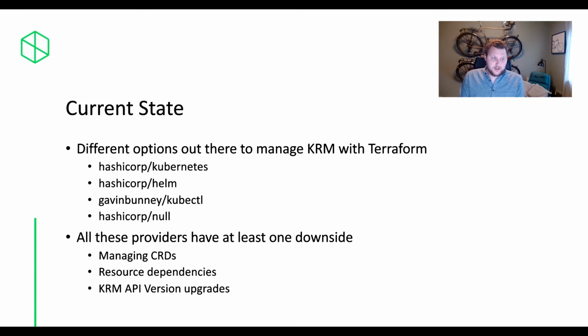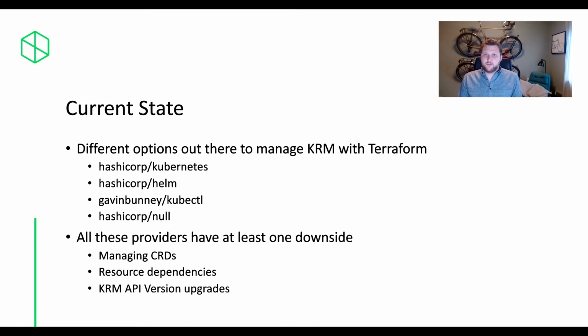The issue with the other providers that I am going to discuss is that they all have at least one downside. The downside could either be that they can't manage custom resource definitions, or they have issues when it comes to resource dependencies. So when I say resource dependencies, I mean that you might want to create one Kubernetes resource or deploy one application before the other.